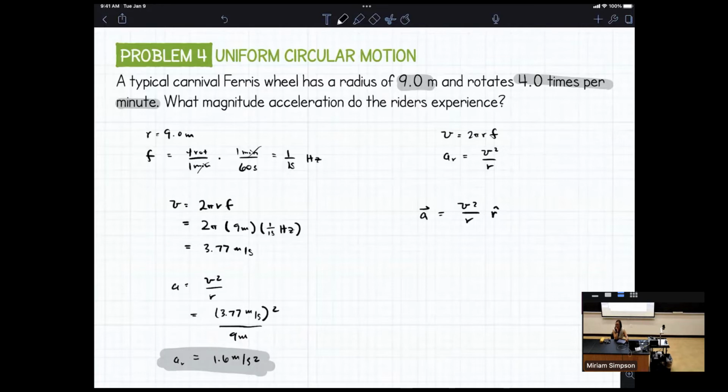What does that tell us? So what does x hat mean? Or y hat? Is it a value? What's the magnitude of it? So what did we use x hat and y hat for previously?